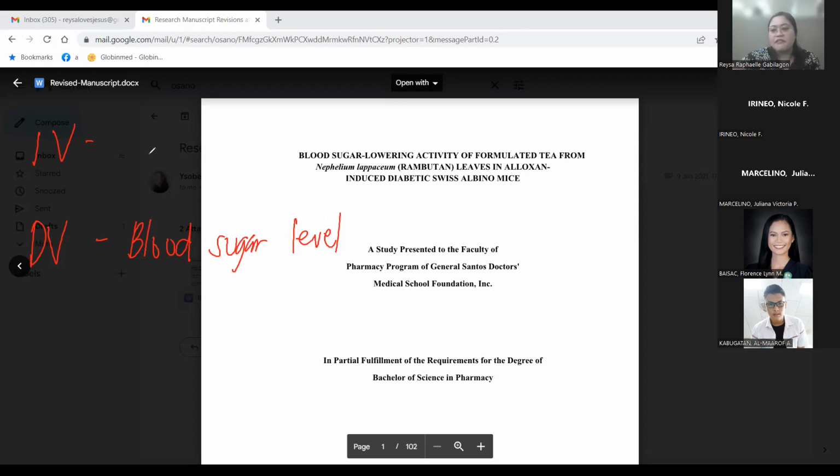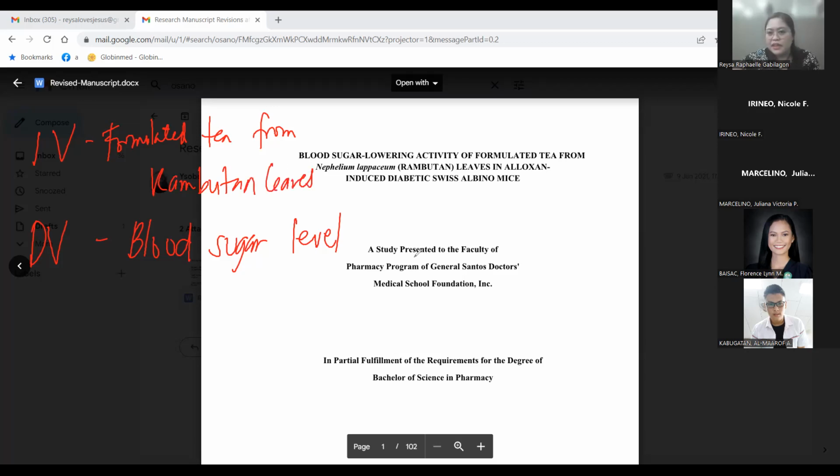For experimental researches, the independent variables are the things that we administer, the agents or substances that we administer sa ating subjects. Therefore, it's the formulated tea from, di ko na sinali yung scientific name masyadong mahaba, the Nephelium lappaceum rambutan leaves.